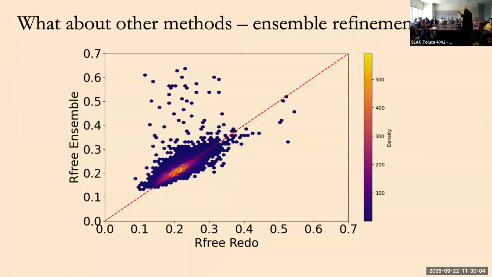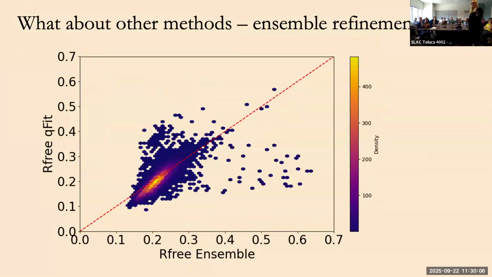And so we can take a lot of these and compare the R-free of QFit and ensembles. And so what you can see is that in the majority of cases, we do a better fit of R-free compared to ensemble refinement.